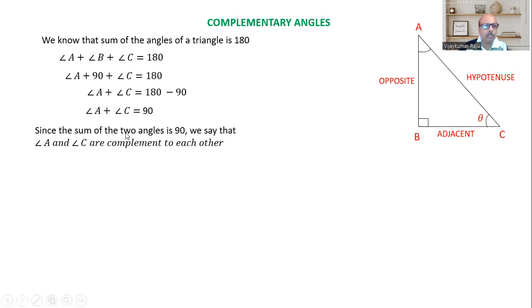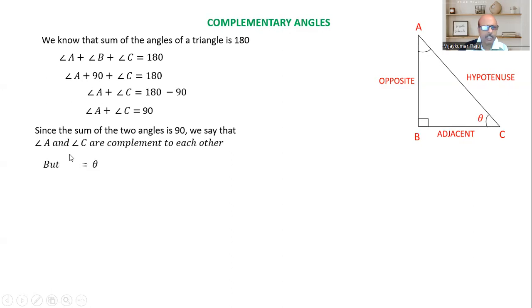Now, since the sum of the two angles is 90 degrees, we say that angle A and angle C are complementary to each other. If the addition of two angles is equal to 90 degrees, then the two angles are complementary to each other. Here I have written angle C as theta.